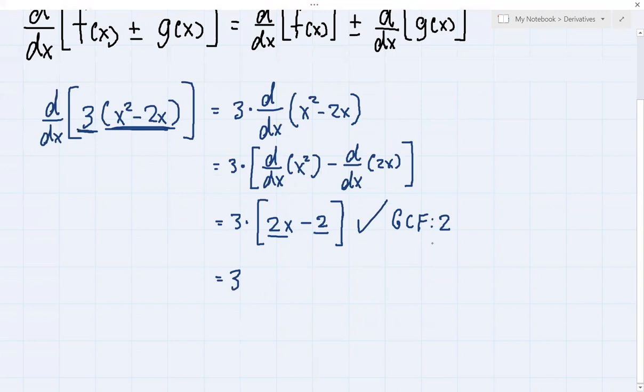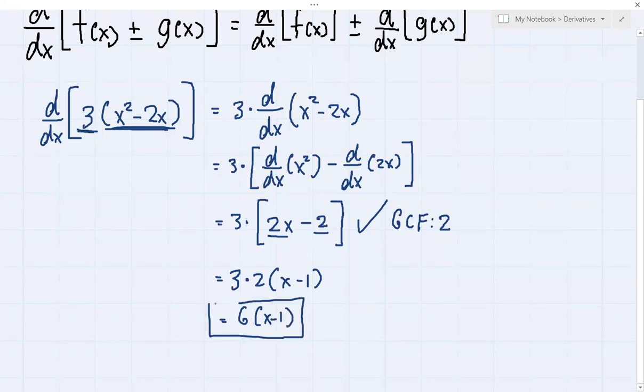So again, since we have greatest common factor of 2 here, so magiging 3 times 2 times quantity x minus 1. So in here, 3 times 2 is 6 times quantity x minus 1. O diba? It's easy. Tapos na. Okay? So that's a first thing na pwede mong gawin.